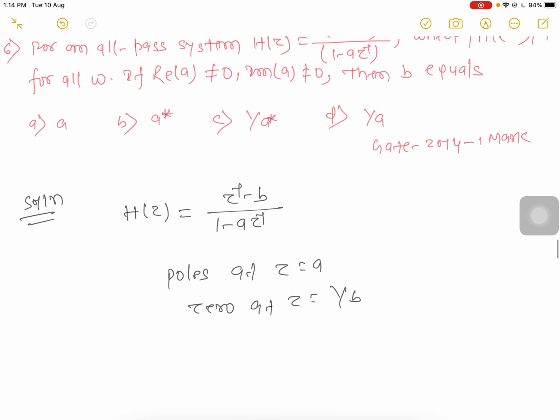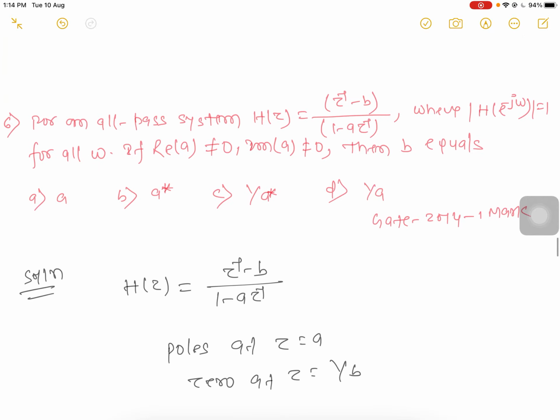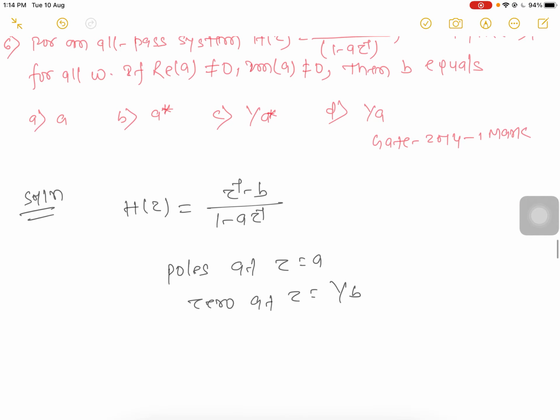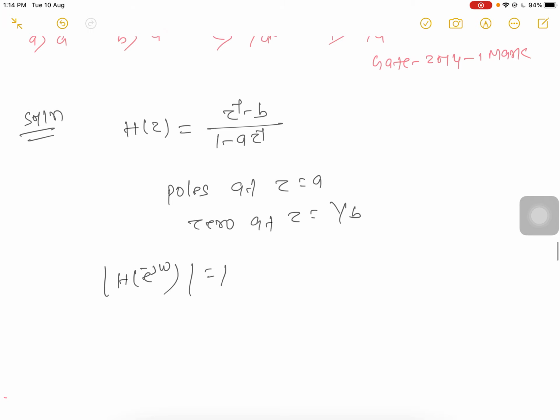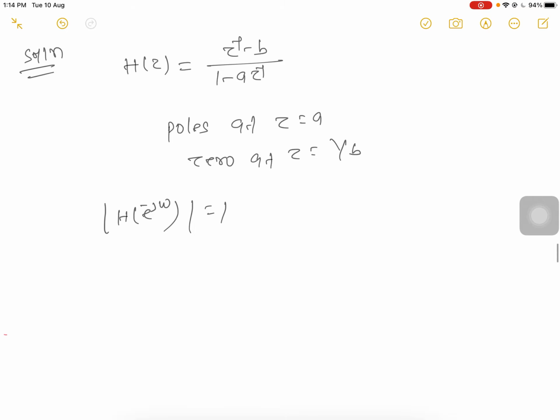Here the given condition is mod H(e to the power j omega) is equal to 1, so mod H(e to the power minus j omega) is equal to 1 for all omega. If the pole lies at a, then a zero must be present at a complex conjugate.